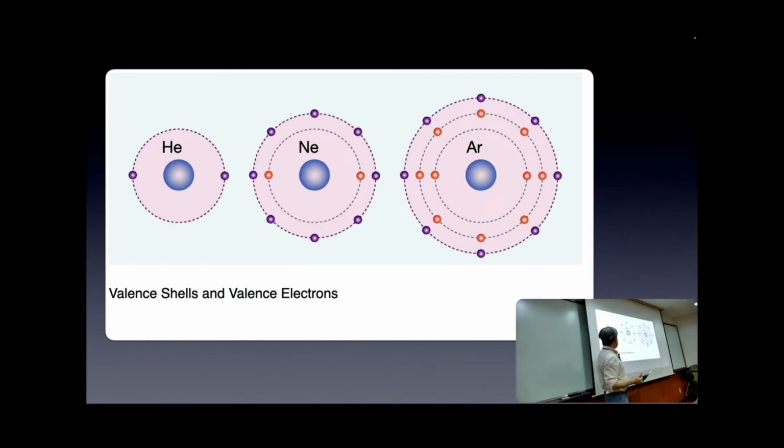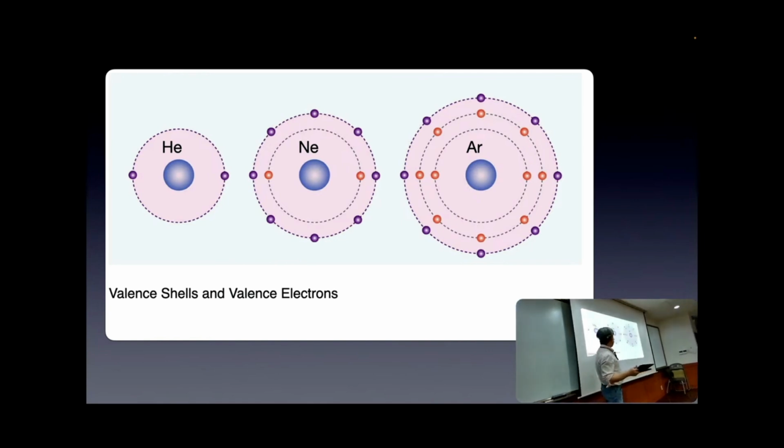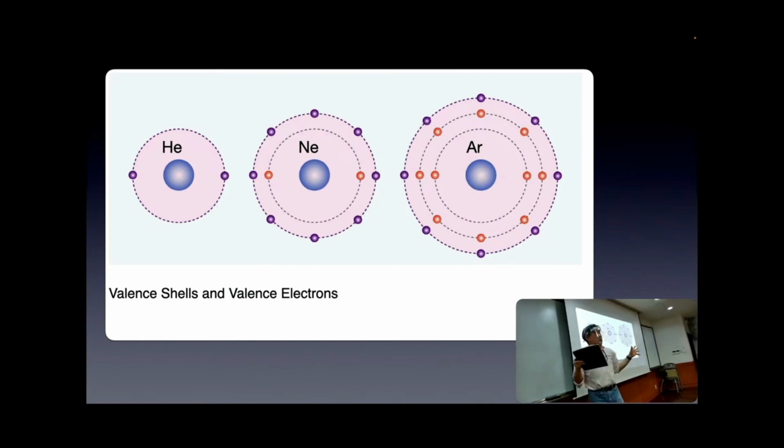So this has only one single electron shell. However, a bigger atom, like neon over here, cannot house all its electrons in one shell.